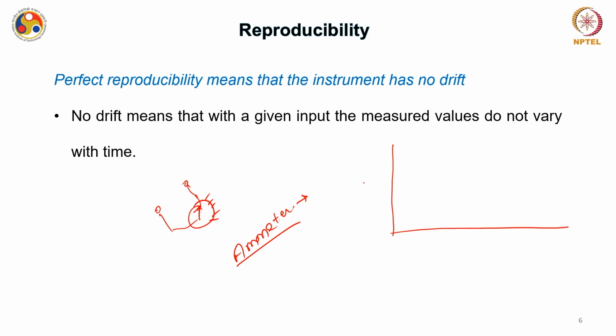Say the measured value is 10 microamps, so the ammeter will show a continuous 10 microamps.